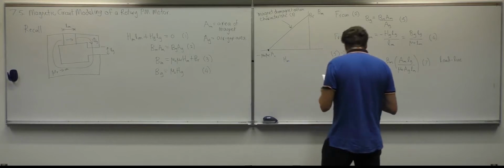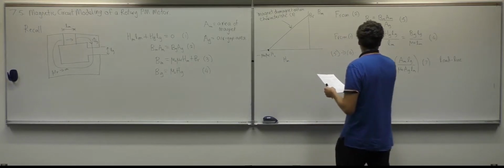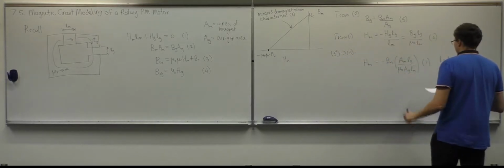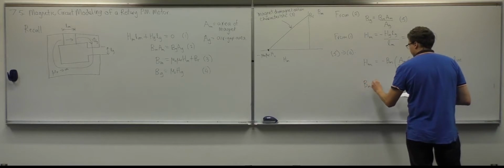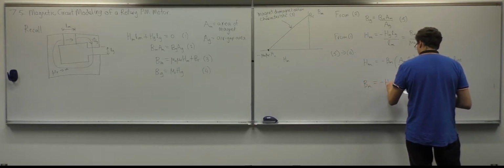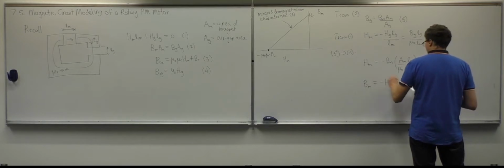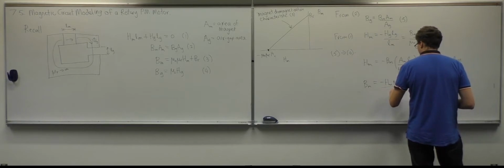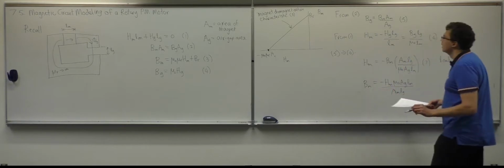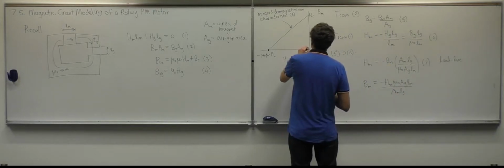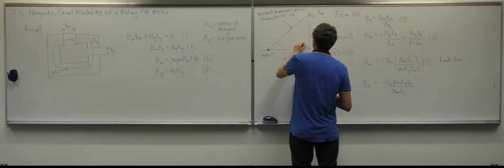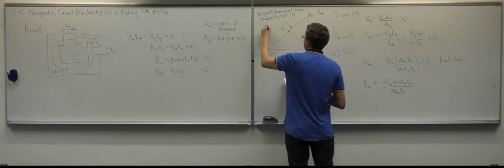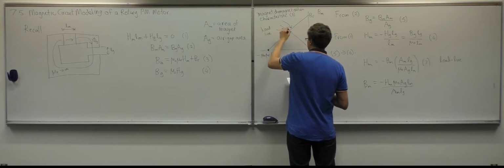And then this one here we can rearrange it to be Bm is equal to minus Hm mu naught Ag Lm over Am Lg, and then that gives the load line that gives the operating point.